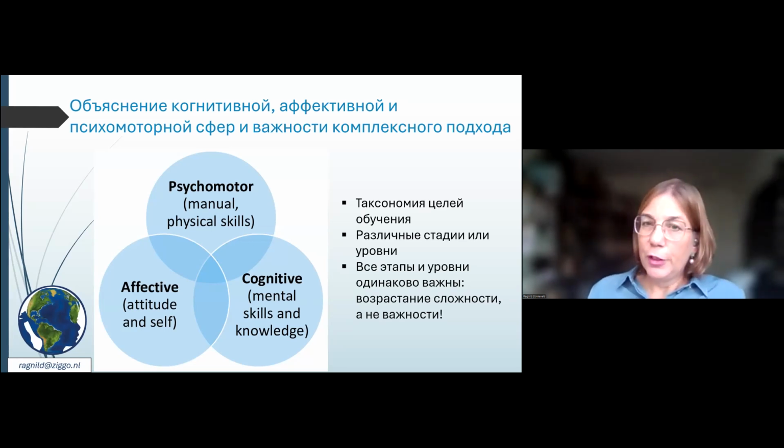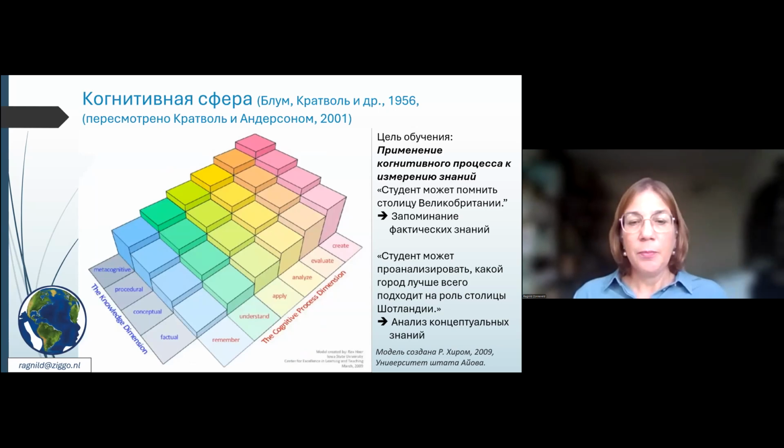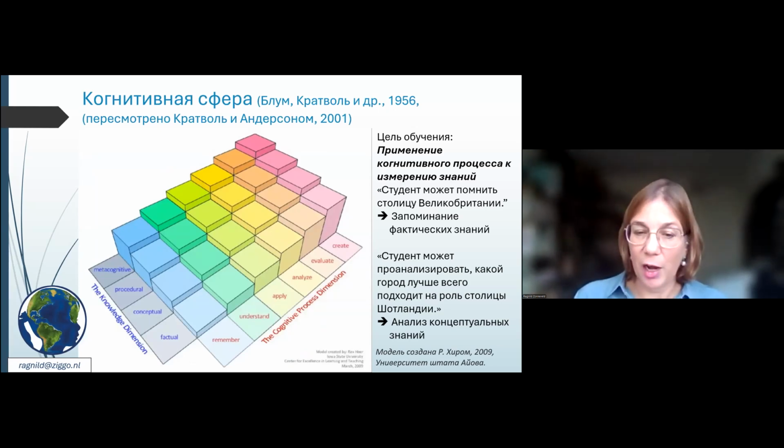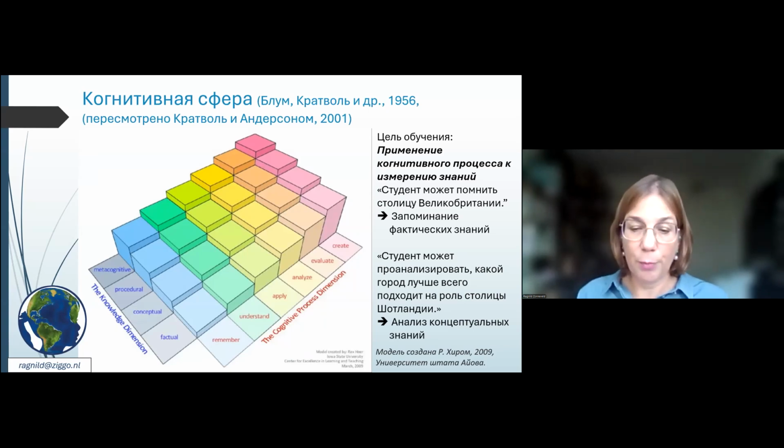So, the first I want to talk to you about is the cognitive domain, so that you know what we are talking about. And here you can see the revised version of the cognitive domain. As I already told you, that original group described the cognitive domain in 1956, but it was revised by a part of the original group, and it was written down by Krathwohl and Anderson in 2001.